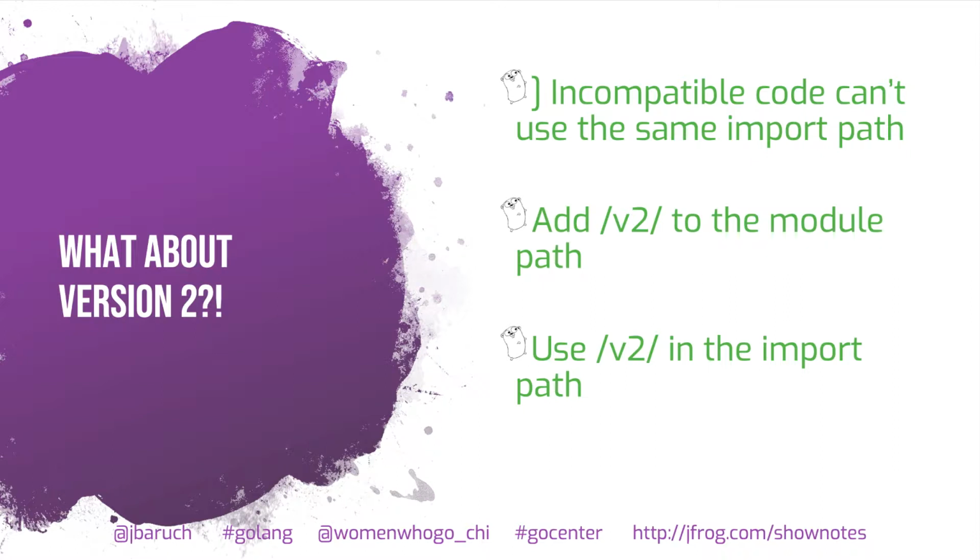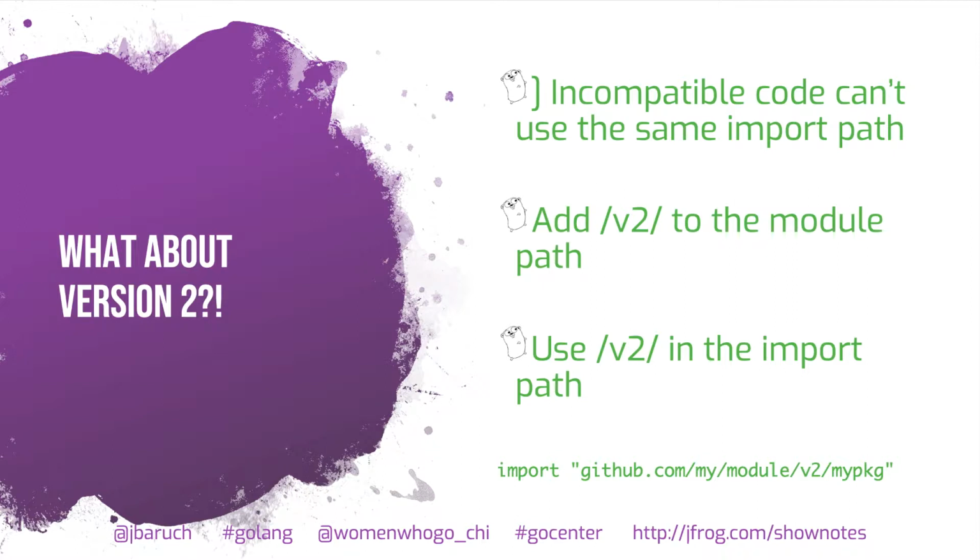It's very clear what we intend. Then the imports use /v2 as well, and the problem is solved, because this is a different path from just my module / my package, and this means that it should be compatible within itself, within the range of v2, which is exactly what SemVer promises you.